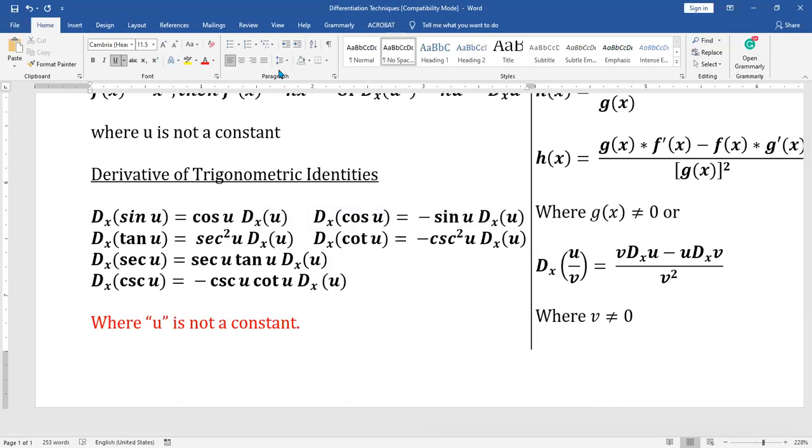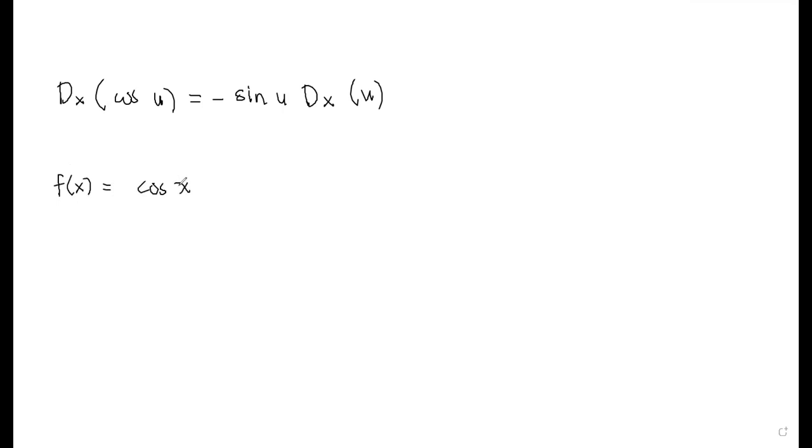So let me give you an example. Share whiteboard. Again, the derivative of cosine u is equal to sine u dxu. Is that right, or negative? I made a mistake. See? It should be negative sine u. Okay, so let's say I have a function f of x equals cosine x.